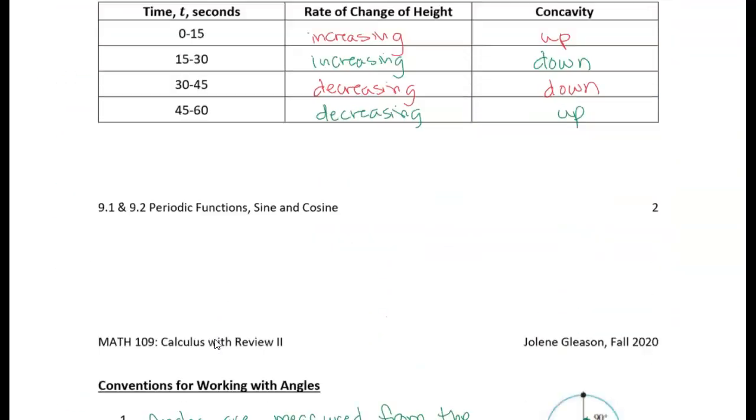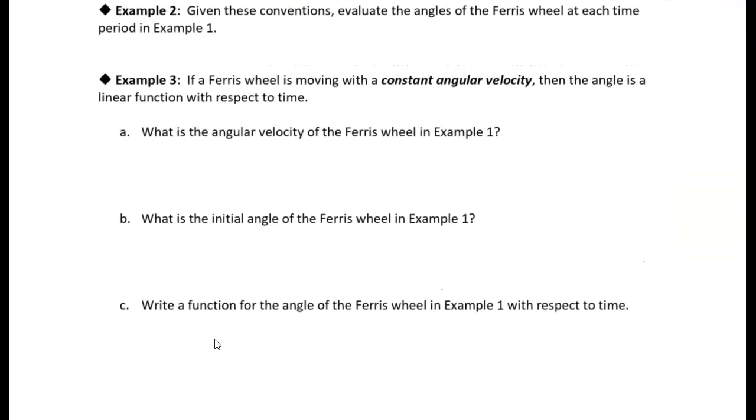While we're at it, let's take a look at the next one too, because it's related to this. This example came to mind because we needed to make a transition. Here we have this function for your height above the ground as you ride the Ferris wheel, measured with respect to time, but oftentimes we need to convert that to an angle.